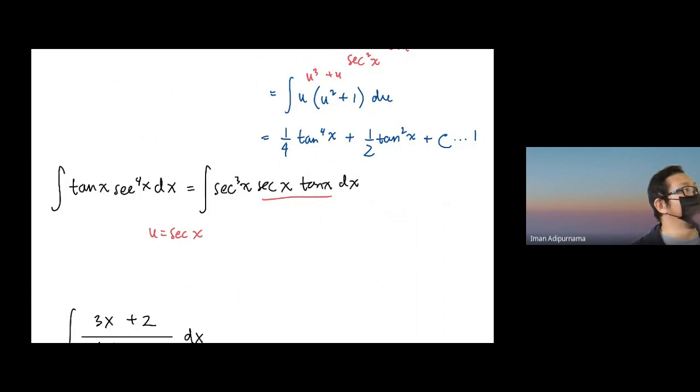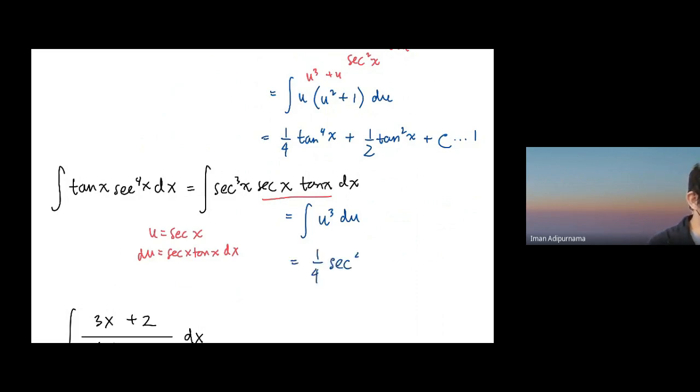We can have u as secant x, and du is secant x tangent x dx, which cancels the secant x tangent x, right? So this is equal to the integration of u cubed du. Okay, and by doing this, we can have 1 over 4 secant with power of 4x plus c.